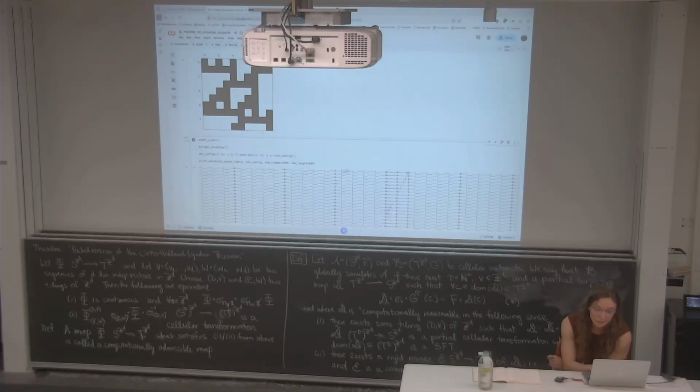So for instance, if the middle state is 0, right state is 0, left state is 0, the outcome is 0. If the middle state is 0, the right neighbor is 1, and the left neighbor is 0, then the outcome is 1, and so on and so forth.